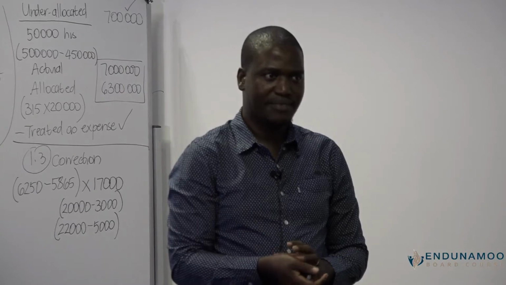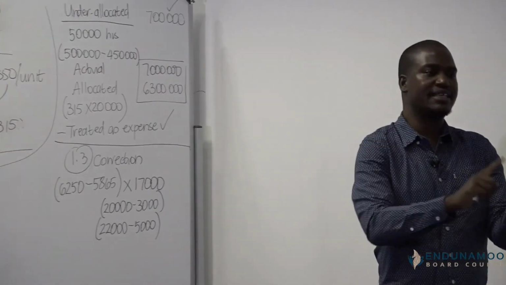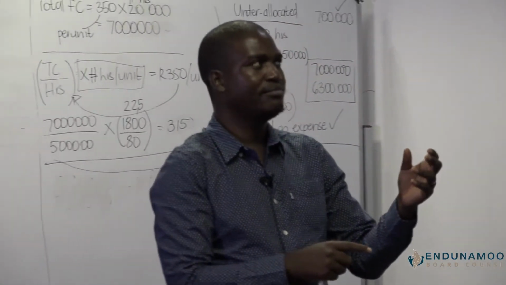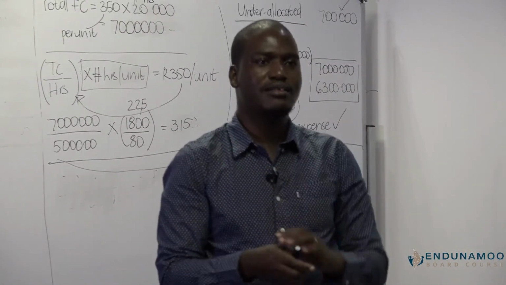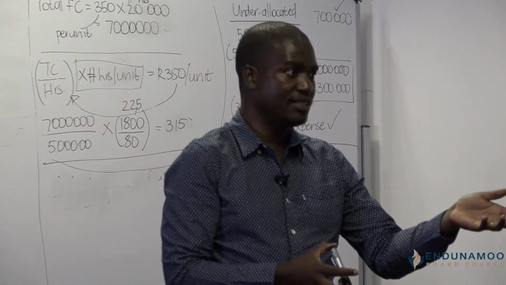Is that clear? So that is what the standard says. You can use 1, the standalone selling price, or 2, the cost plus margin approach, and lastly, the residual price approach. Those are the approaches.